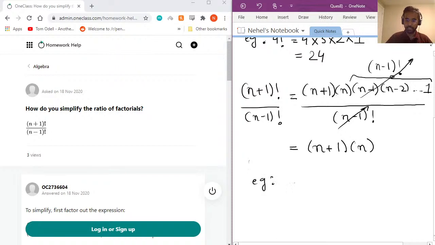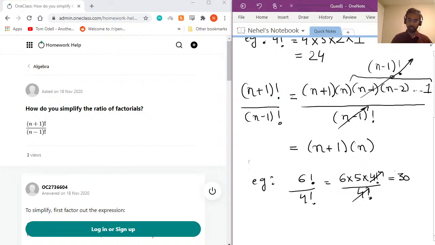If I have, let's say, factorial of 6 divided by factorial of 4, we can say this is equal to 6 times 5 times 4 factorial over 4 factorial. And then this would go away with this, and we would be left with 30. So it's easier to calculate it this way if you have a bigger number's factorial divided by a smaller number's factorial. Okay?